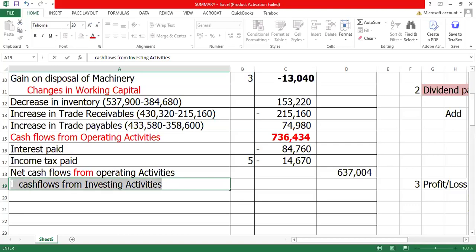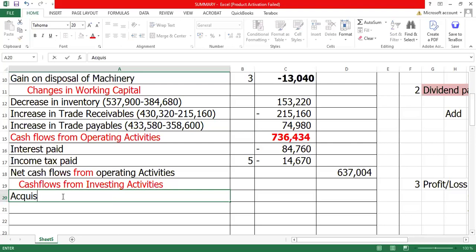And we have everything, we just needed to substitute. When you're dealing with investing activities, you look at non-current assets and the intangible assets. Okay, so you saw that we already have our acquisitions.